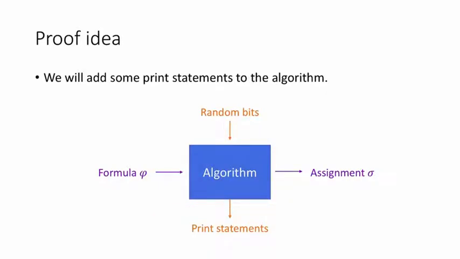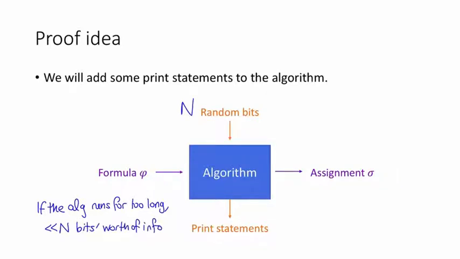What we're going to show is that looking at the algorithm this way, if it runs for too long, it's actually going to be able to compress these random bits that it took as input. That is, suppose that it takes n random bits as input. What we'll show is that if the algorithm runs for too long, it's going to output significantly less than n bits worth of information in these print statements.